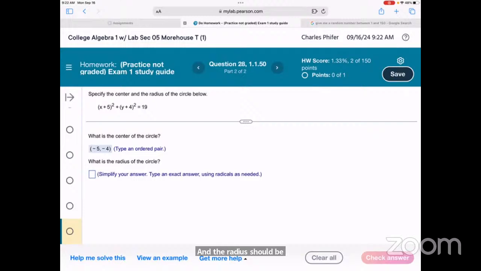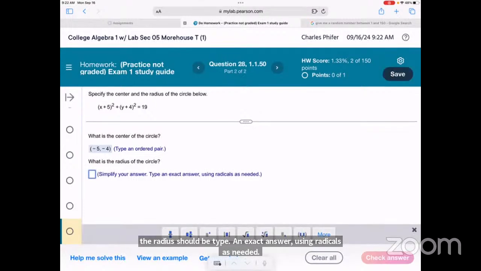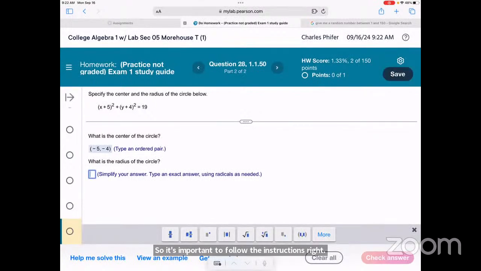So it's important to follow the instructions, right? Let me say this disclaimer. If you get a question that says put your final answer to 3 decimal places or whatever, whenever you have decimals like that, do not round until the end. If you round along the way, it's going to make your final answer more and more skewed, and the chances of you getting it right are practically zero.